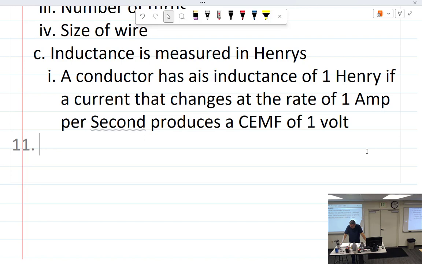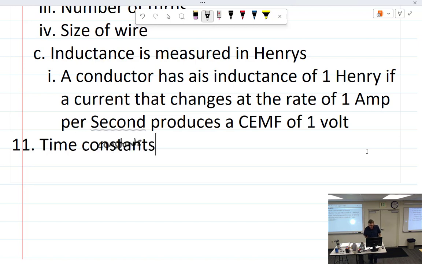So the amount of time it takes, I have to do something here. This is inductance, and we're just going to call it time constants. It takes time for that to happen.